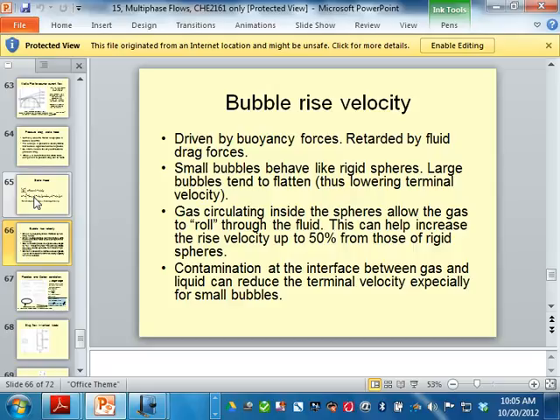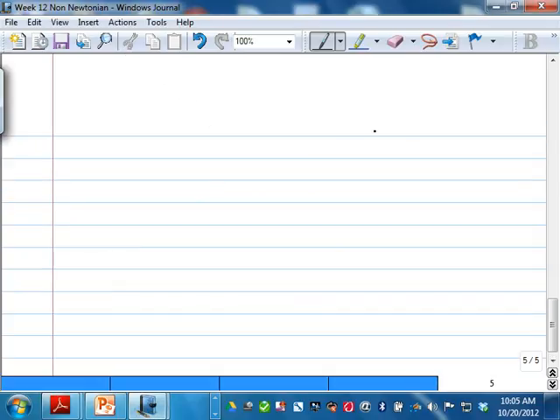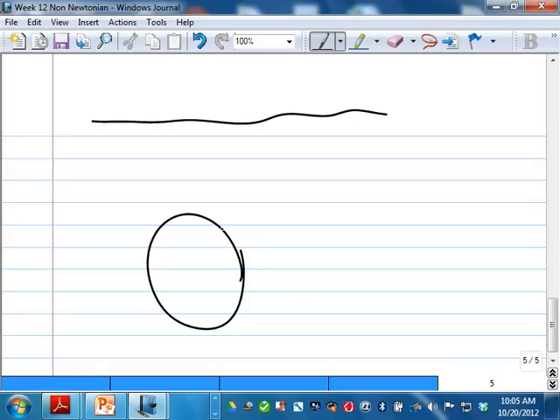Okay, let me explain a little bit. If this is your surface, we'll start with one bubble first, then later we do more bubbles. When the bubble rises, you think it stays a sphere? No, right? That's why the sphere assumption is not so suitable, because you cannot just assume that they are spheres.